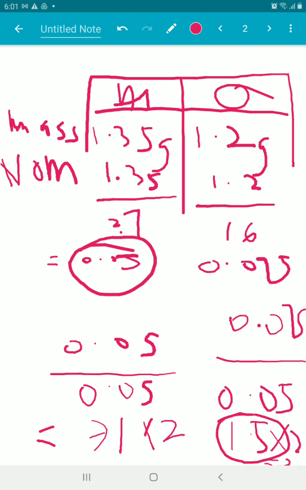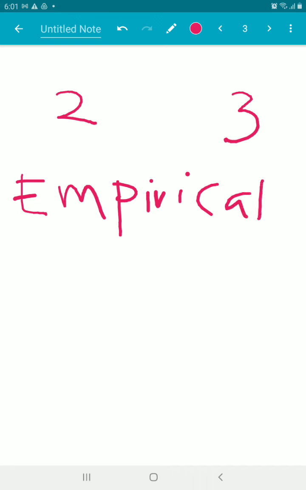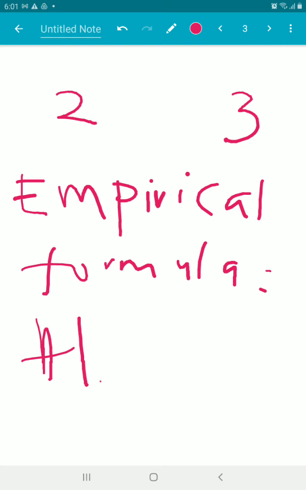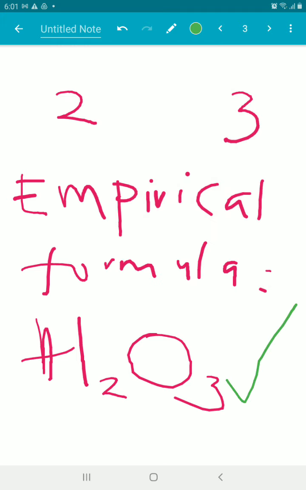The empirical formula, you look at this column, 2 is for aluminium, 3 is for oxygen. So Al2O3, like that. I hope you understand. This is the empirical formula.